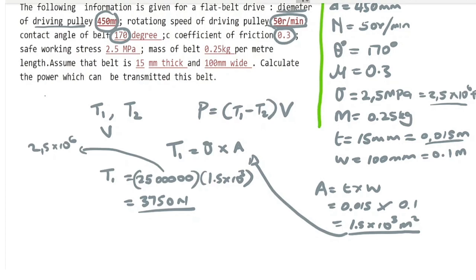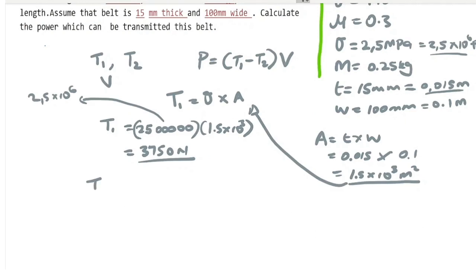Then from here, for tension 2, we're going to use the formula to calculate the tension ratio. But the formula that we're going to use includes the centrifugal tension. Like here, it is T1 minus the centrifugal tension over T2 minus the centrifugal tension is equal to e to exponent coefficient times the contact angle.